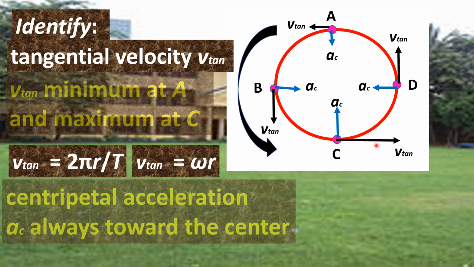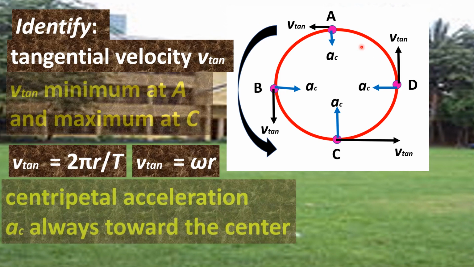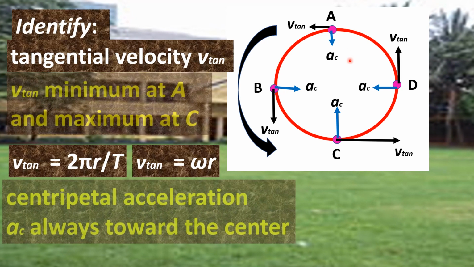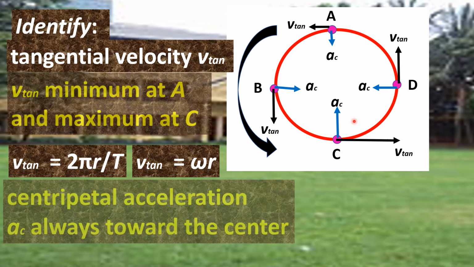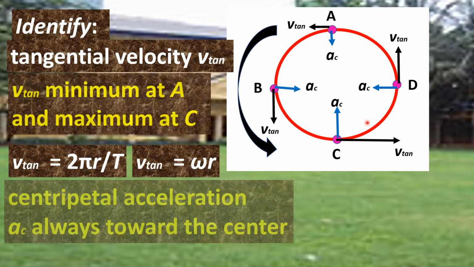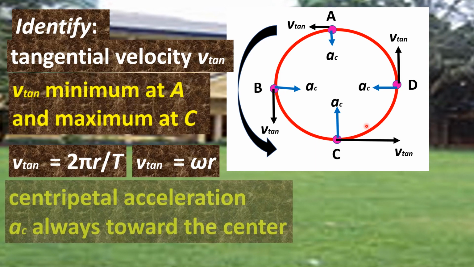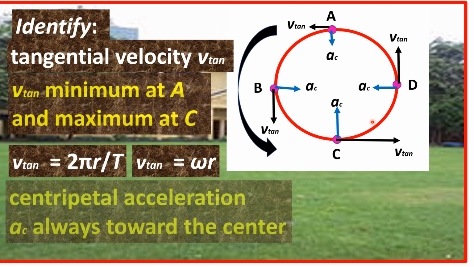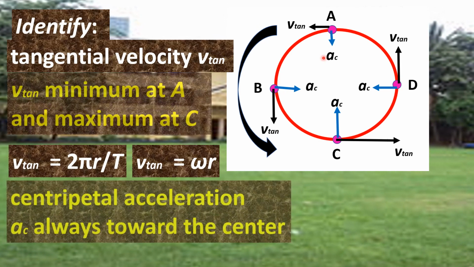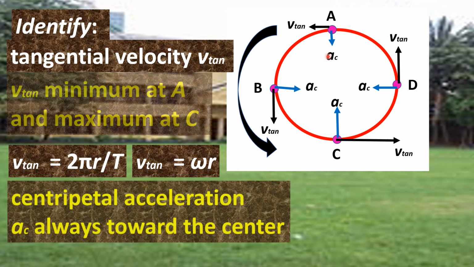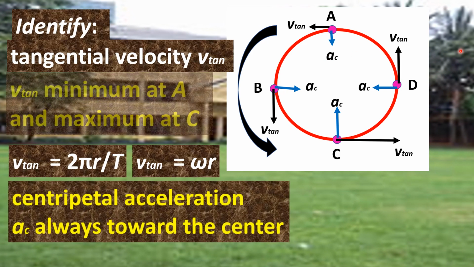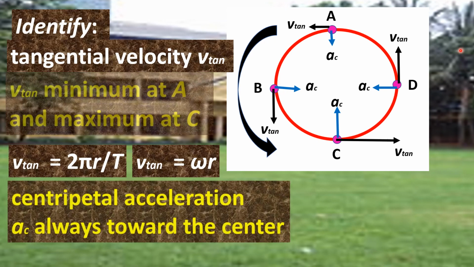For example, at point A, it is directed downward perpendicular to the ground surface. At point C, it is directed upward away from the ground surface. At point B, its direction is eastward, and at point D, it is directed westward.